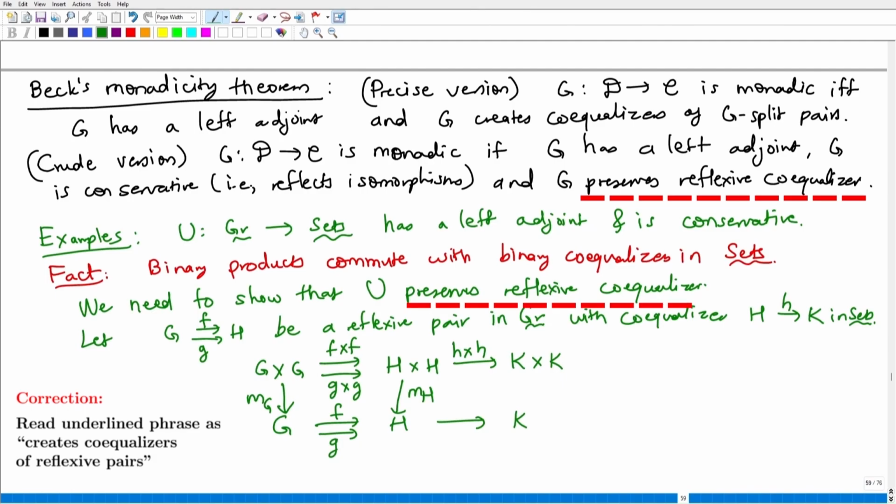Okay. Now use that fact and then you can observe that there will be an induced map over here. It will be the factorization through the coequalizer.